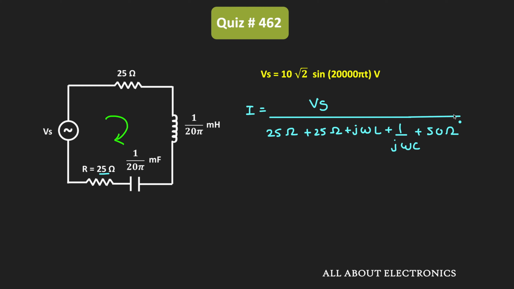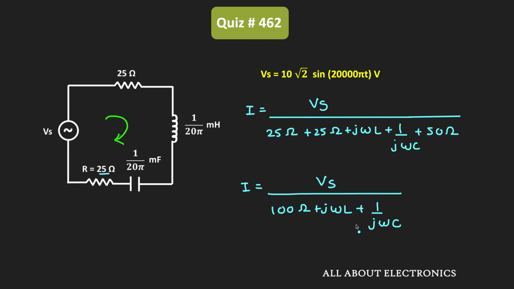So this will be the overall impedance of the given circuit. From this we can say that this current I is equal to Vs divided by this 100 ohm plus j omega L plus 1 divided by j omega C.